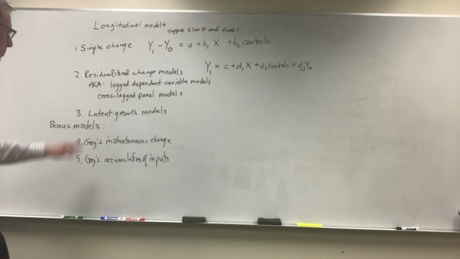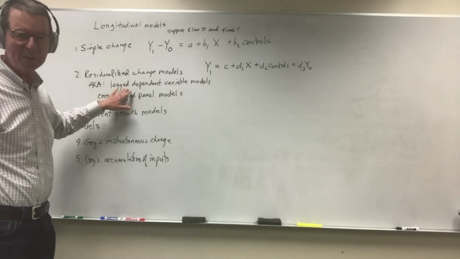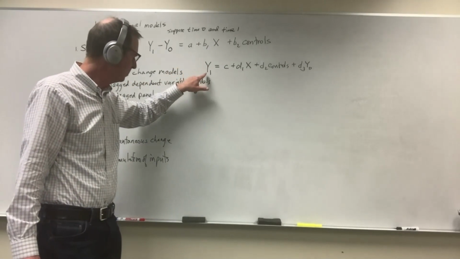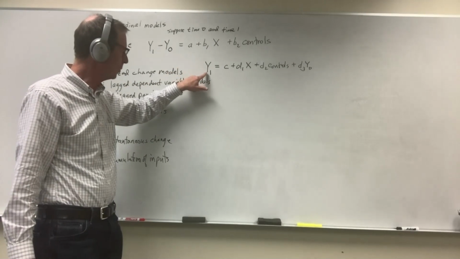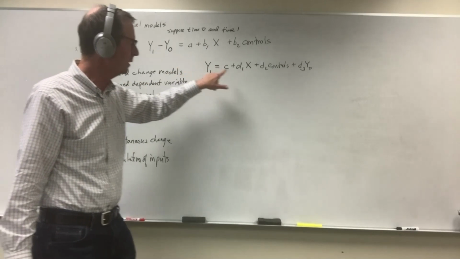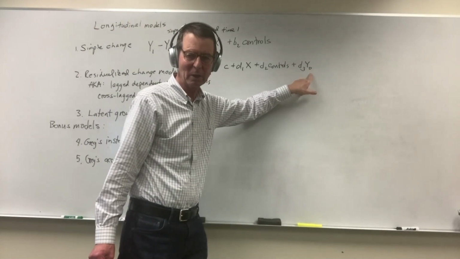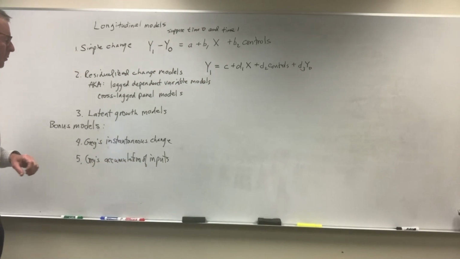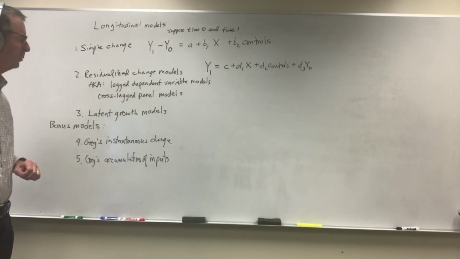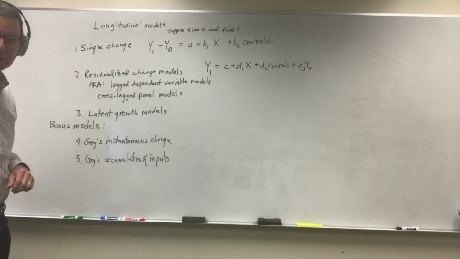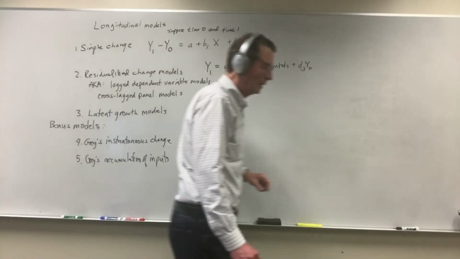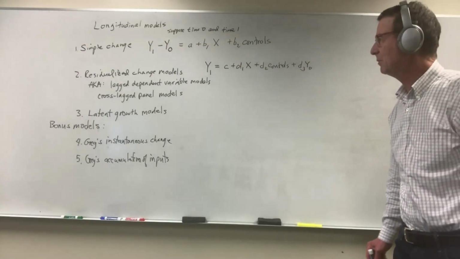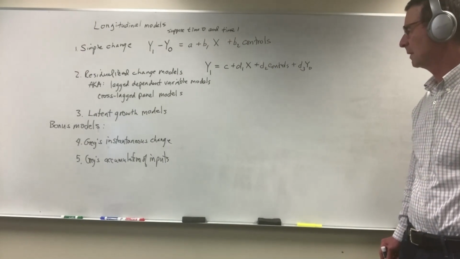So it's pretty obvious why this is called a lagged dependent variable model. The dependent variable is y, and we're regressing this y1 on a lagged version, y0. Residualized change, I knew at one point years ago why it was called residualized change and forgot. So if you really are curious, you can look it up and let me know.